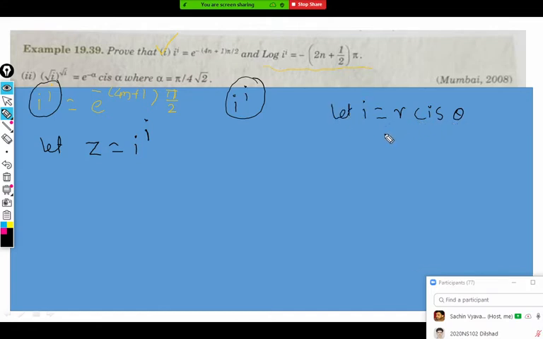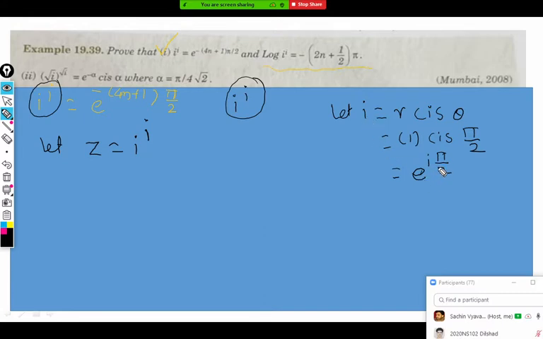What will be r and theta? Sir, 1 and pi by 2. And theta will be pi by 2. So this is actually e raised to i pi by 2. I hope I'm clear here. So iota is nothing but e raised to i pi by 2.